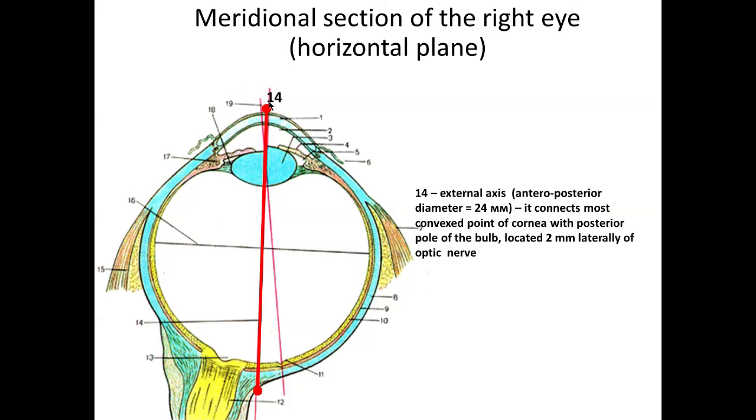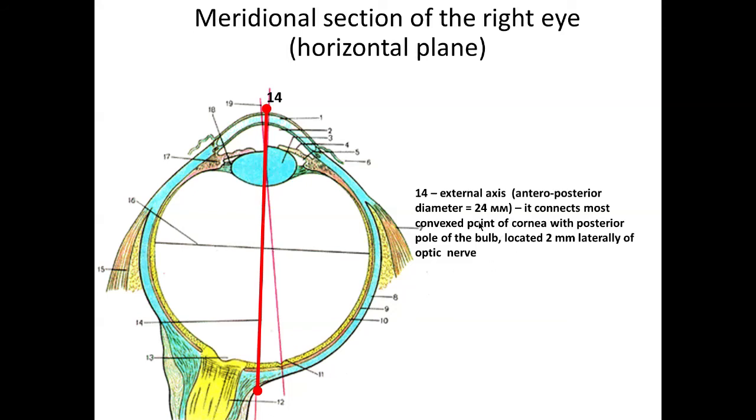So number 14, the external axis, connects these 2 points, the anterior pole of the cornea and the posterior pole, which is 2 millimeters laterally. It means a point of the bulb displaced on the temporal side.